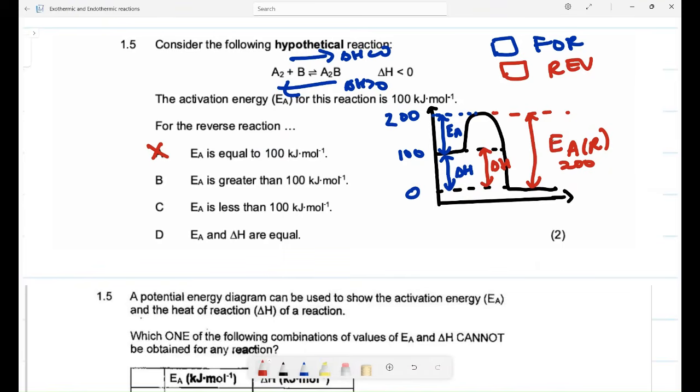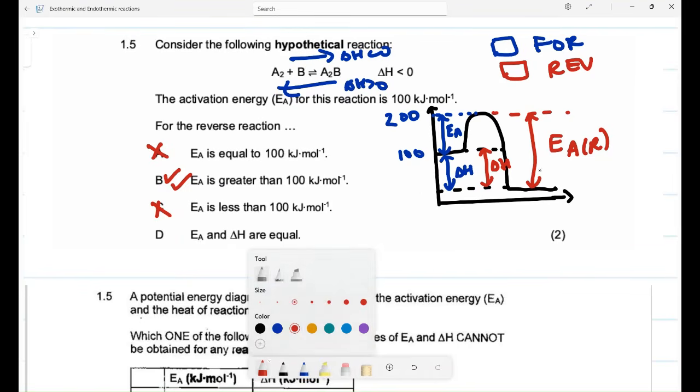EA is greater than 100. Indeed, this one is the correct one. EA is less than 100? It cannot be less, it is longer. EA and change in H are equal? For the reverse, no. For the forward, we don't know yet, so I do not want to assign a value here, because that would be assuming something.